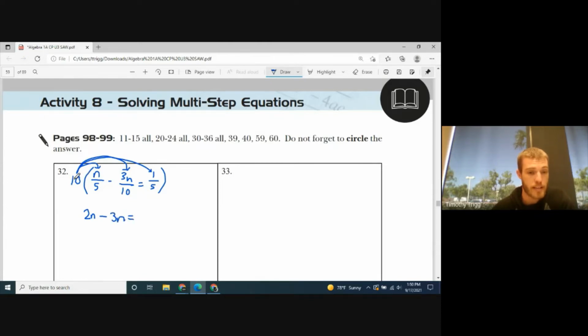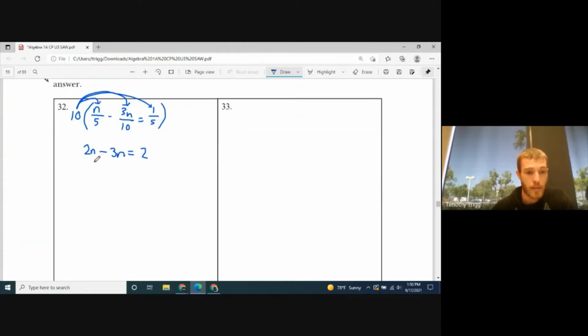Equals, and then on the other side, 10 divided by 5 is 2. 2 times 1 is 2. Now on the left side, we can combine these 2n and minus 3n. That's going to be negative 1n equals 2 on the right. Divide both sides by negative 1 to get n by itself. N equals 2 divided by negative 1, which is negative 2.